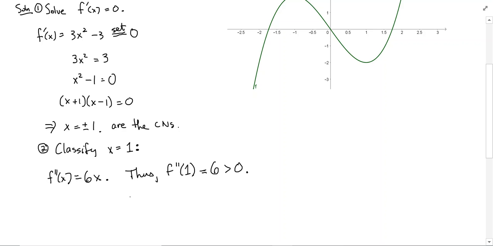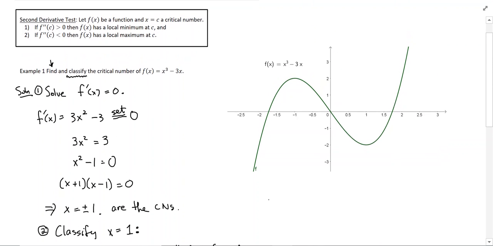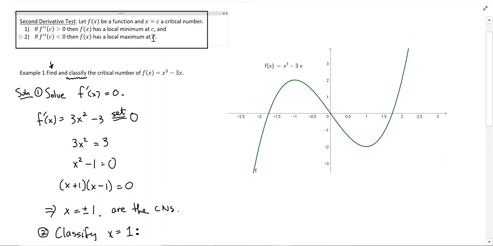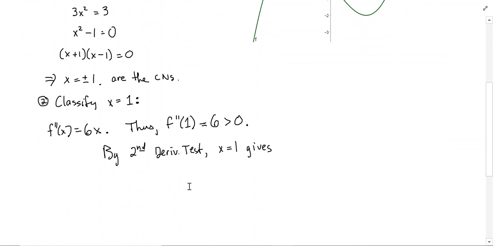Okay, so by the second derivative test, it follows that x equals 1 gives, let's go up and see, if the second derivative is positive, we're in case 1, that gives us a local minimum. Okay, gives a local minimum.